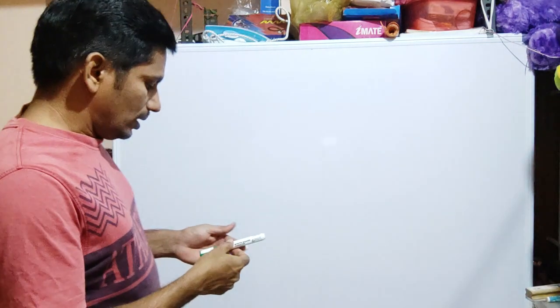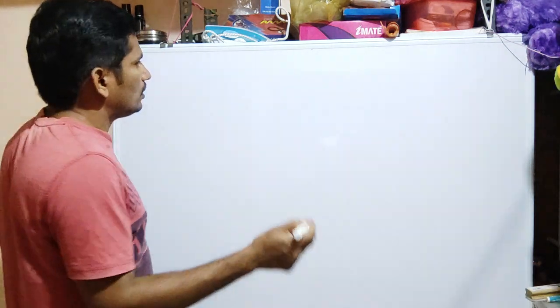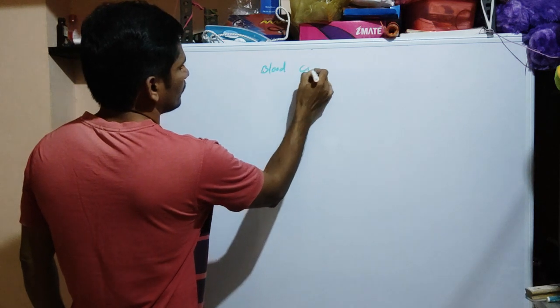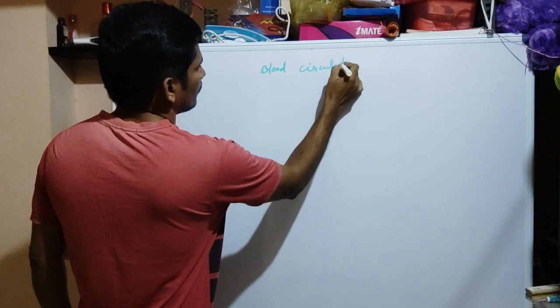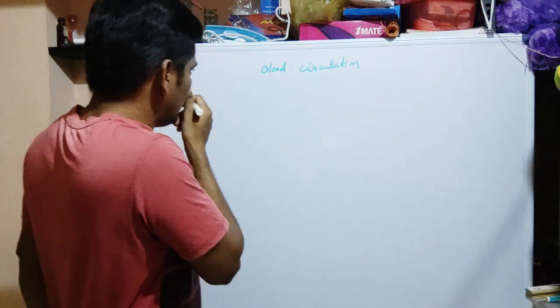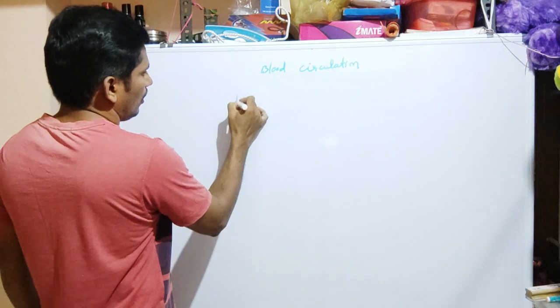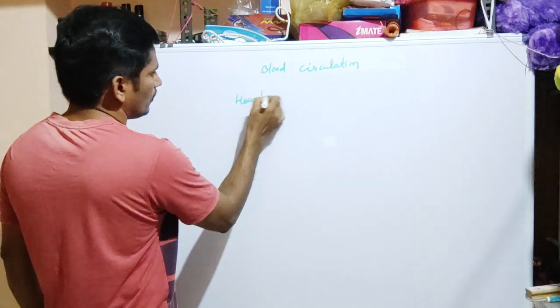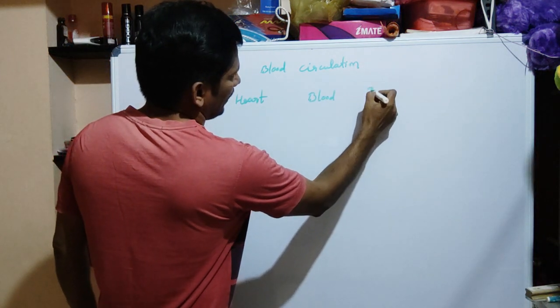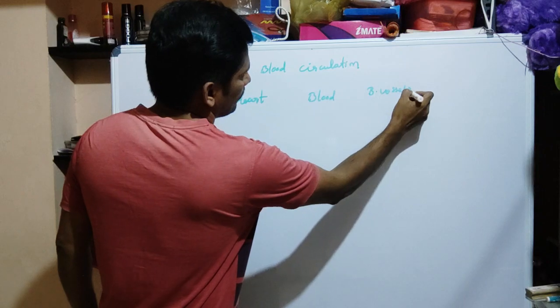Dear students, today I am going to discuss the circulatory system, which is body fluids and circulation. The blood circulatory system consists of the blood circulation, which mainly consists of the heart, blood, and blood vessels.